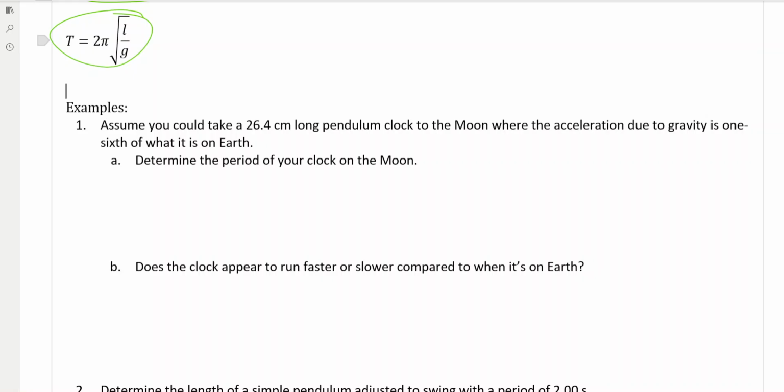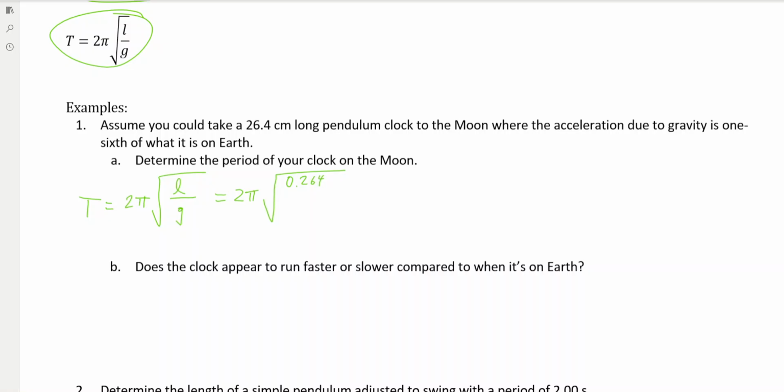So let's solve for the period. Period is just T. We've got 2 pi, and then the square root of length L over g, which is gravity. Okay, so what does it say? Well, the length is 26.4, and we have to be careful because we need to measure this in meters.